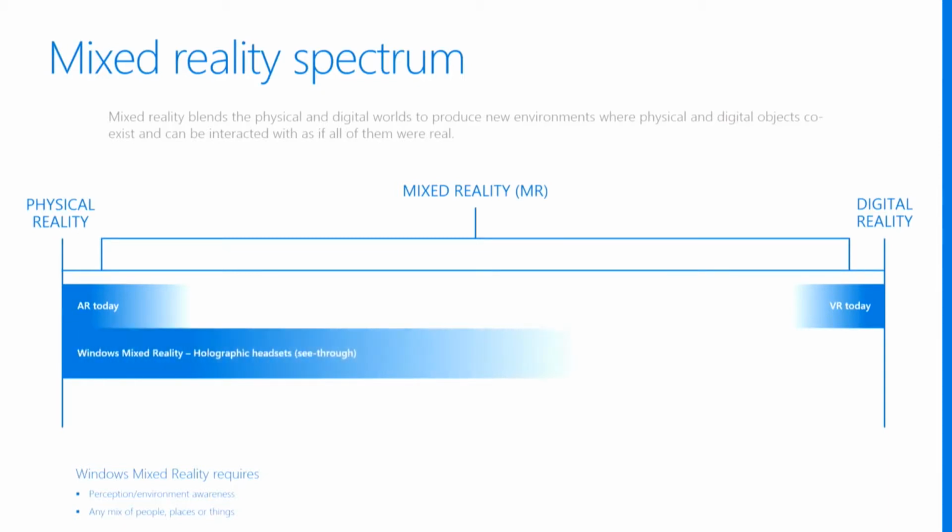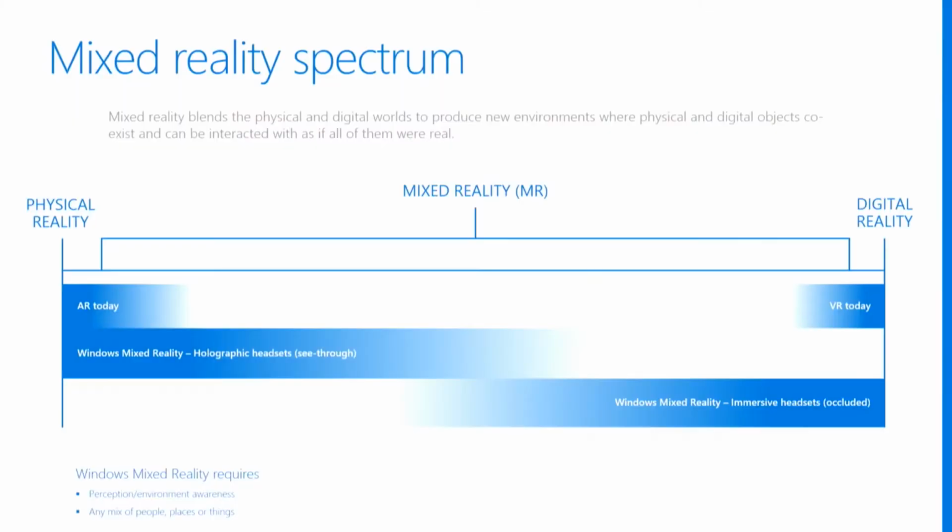That is why today at Microsoft, we have these two types of headsets. One is HoloLens, where we can see digital objects, holograms, in our real world. And also we have these occluded headsets, where we are aware of our surroundings, and we can add additional perception of our environment.